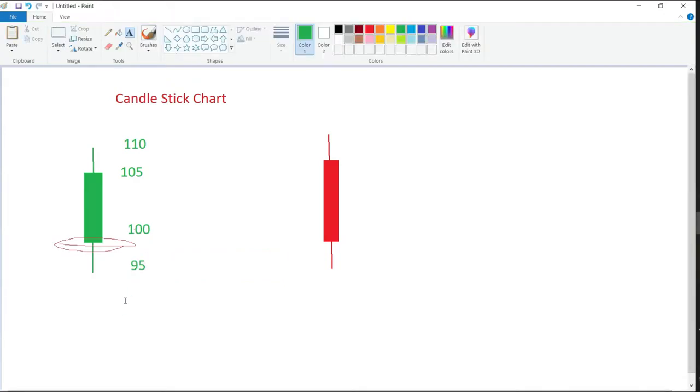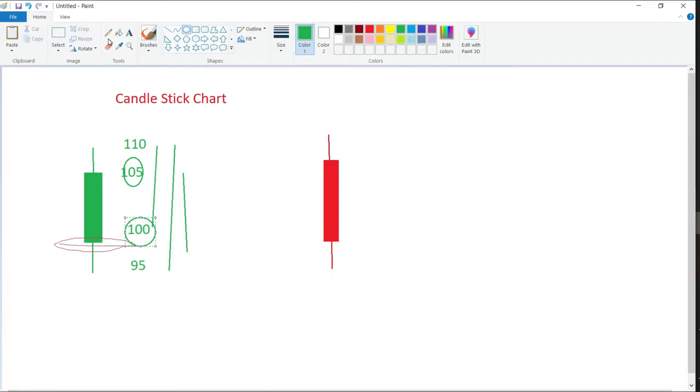A chart is a graphical representation of your price. If you see, the price has moved from 100 to 110, then it came back from 110 to 95, and then settled at the end of the day at around 105 levels. So this is the closing price, 105, and this is the opening price, 100.